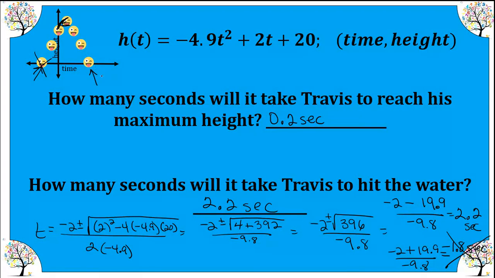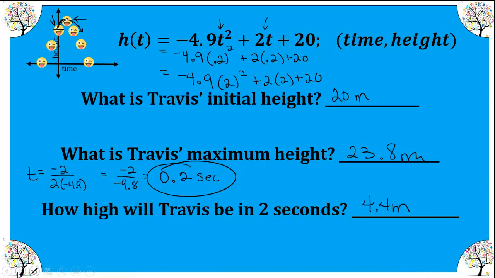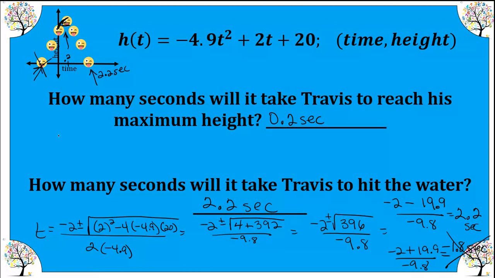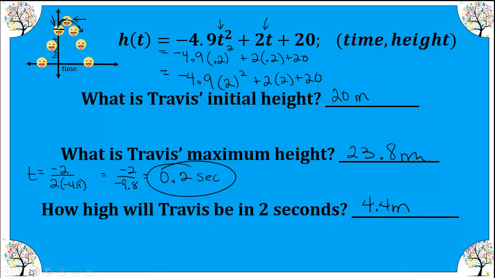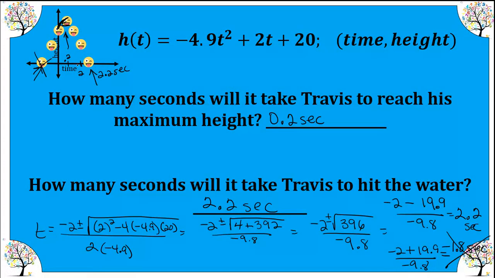So this is our 2.2 seconds. It took about 0.2 seconds to get the maximum height. And then I think we answered another question in 2 seconds. So in 2 seconds, so we'll say about right here, this is the 2 seconds. We were about 4.4 meters.